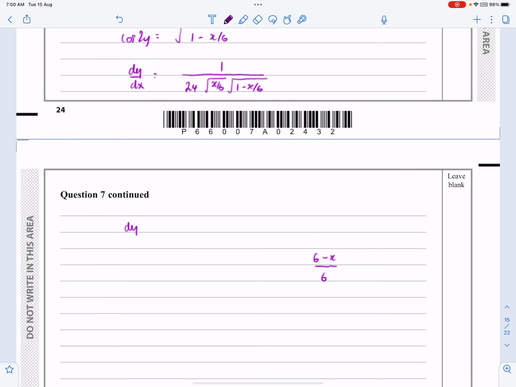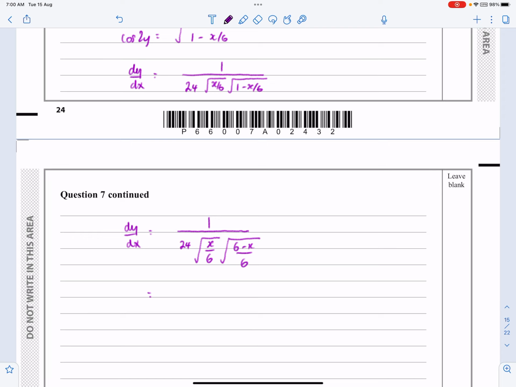So my next line is dy by dx is equal to 1 over 24, let's just make it a bit neat here, root x over 6, root 6 minus x over 6. So don't keep that bit in. We're just trying to tidy this up to be in the same format as the answer.